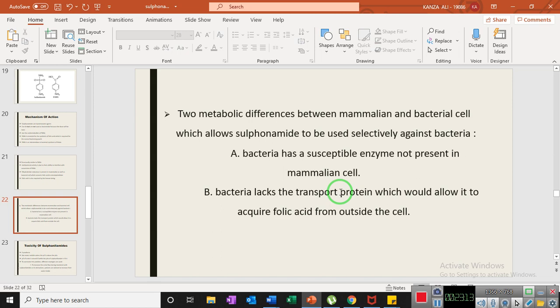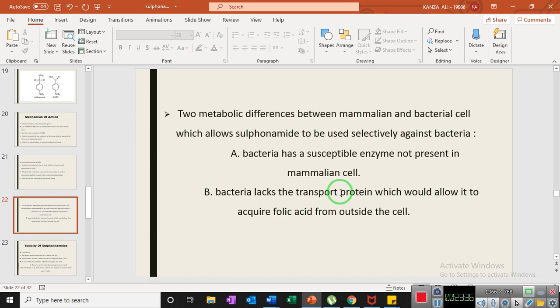It means that if the folic acid is present in the medium of bacteria, even then bacteria cannot use it because the transport protein is not there.